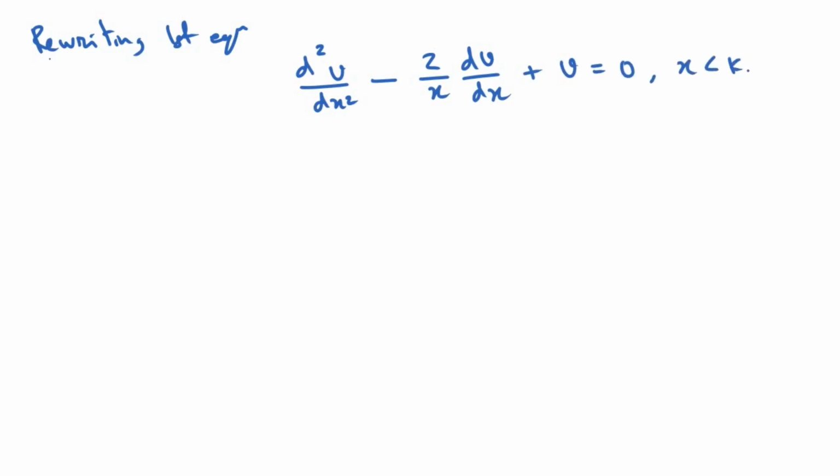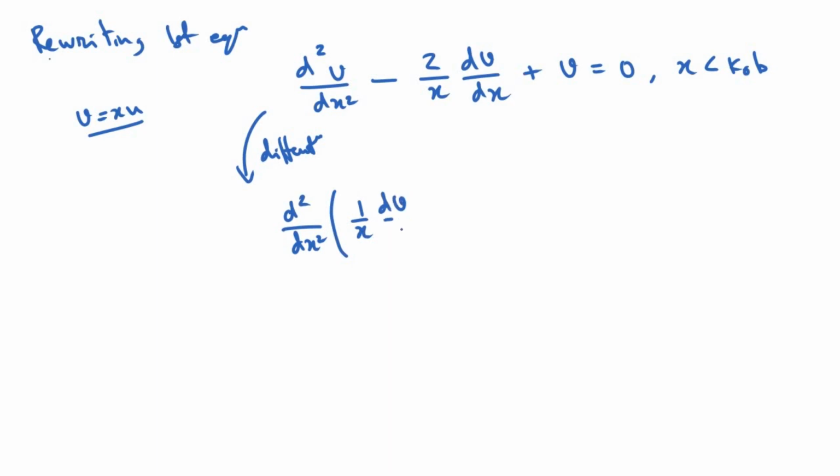Here your v is just x into u, and after differentiation we will get this, which is done so that we get a solution which is easy to work with. Again, for x less than k0 into b.